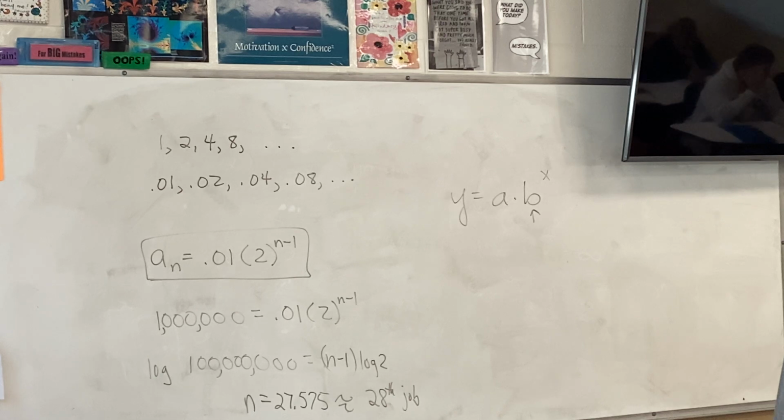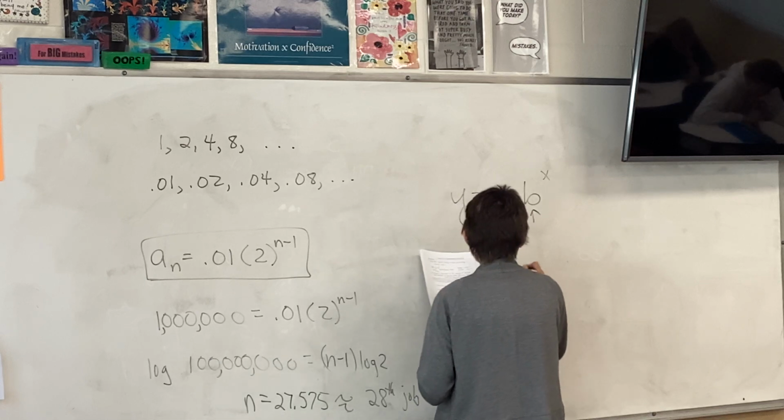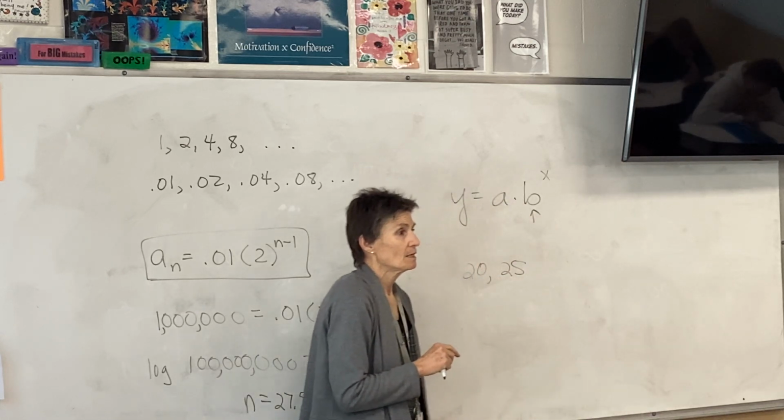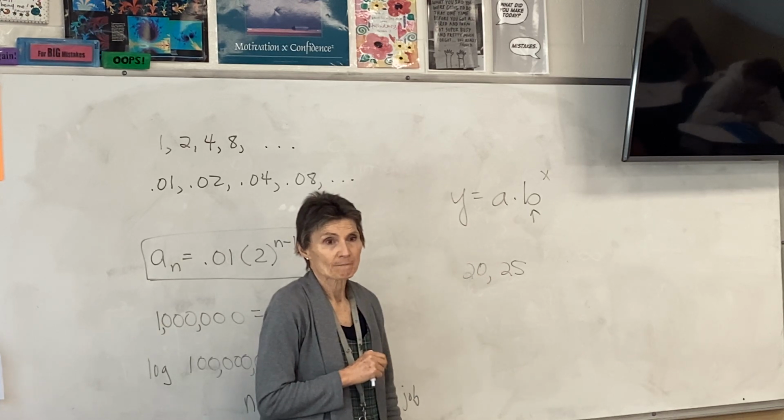Why do you think it's C? It's a good guess. If it's exponential, kids, that means that we multiplied by something to get from 20 to 25. How could we figure out what we multiplied by?